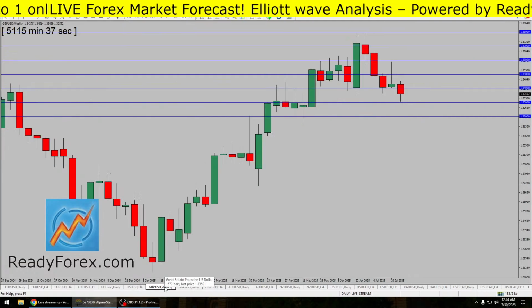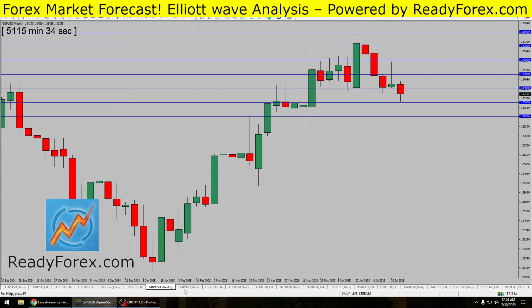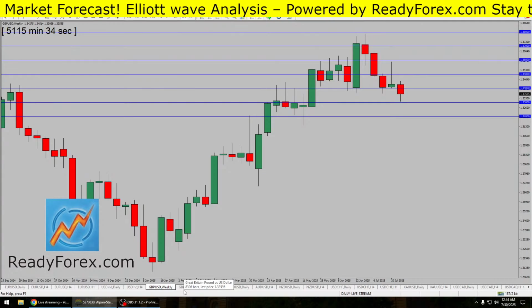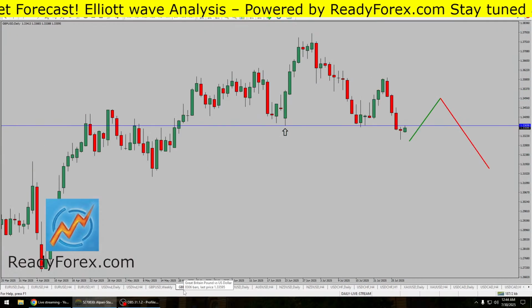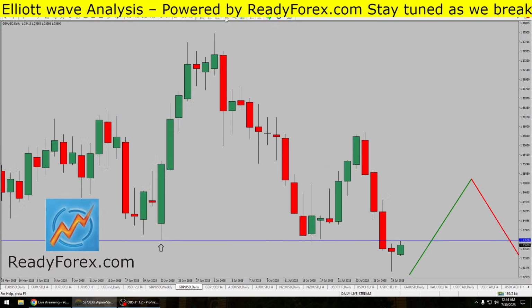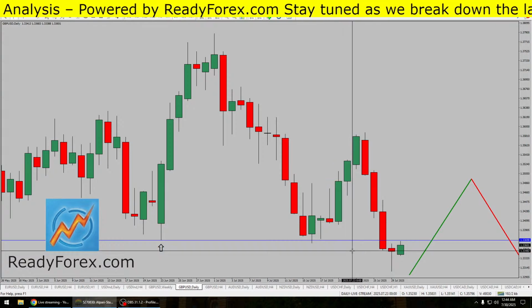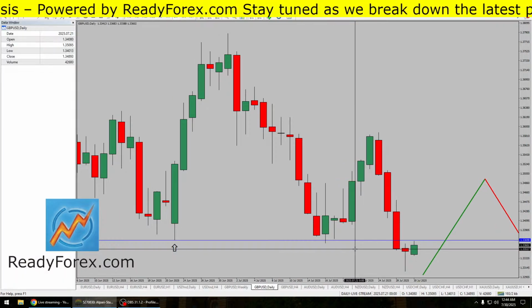If you take a look at the pound dollar currency pair, weekly time frame, price action is going down. Looks a little bit bearish. Regarding the daily time frame over here, seems to me we got the close.